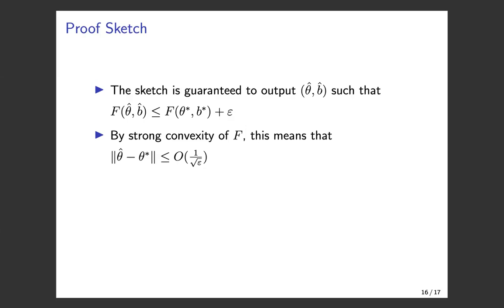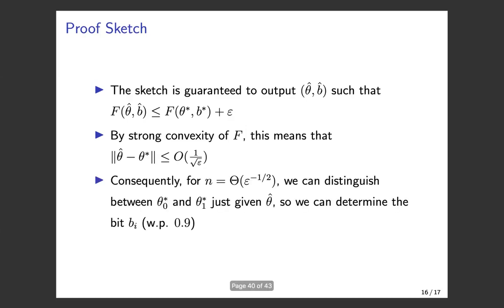What this means is when n is also roughly 1/√epsilon, then if you work out the constants appropriately, you can actually distinguish whether θ star is θ0 star or θ1 star. And this is exactly what we need to query whether or not there's a point at the location vi. And so this allows Bob to determine the bit vi with probability 0.9, let's say, and to decode the bit.